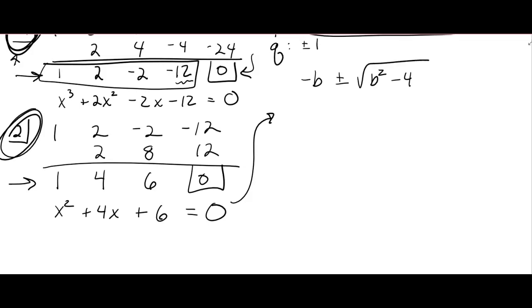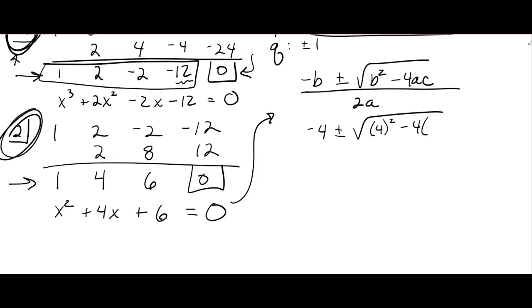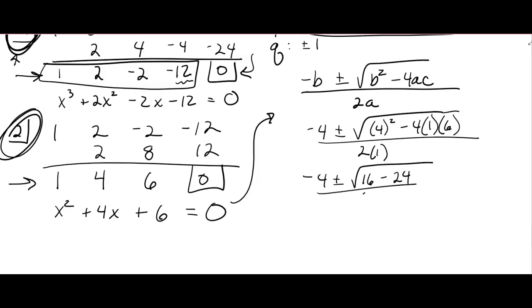You have that written somewhere, but here it is again. So the opposite of b plus or minus the square root of b squared minus 4 times a times c, all over 2 times a. So negative 4 plus or minus the square root of 16 minus 24, over 2, which is going to be negative 4 plus or minus the square root of negative 8, over 2.